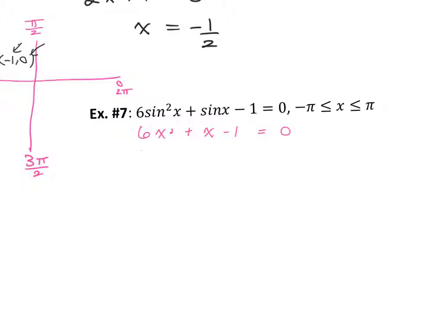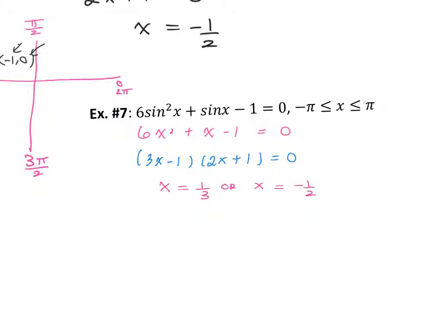And you should get 3x minus 1 times 2x plus 1 is equal to 0. You set both of these factors equal to 0 to solve for x, as you know. You get x is equal to 1/3, or x is equal to -1/2.